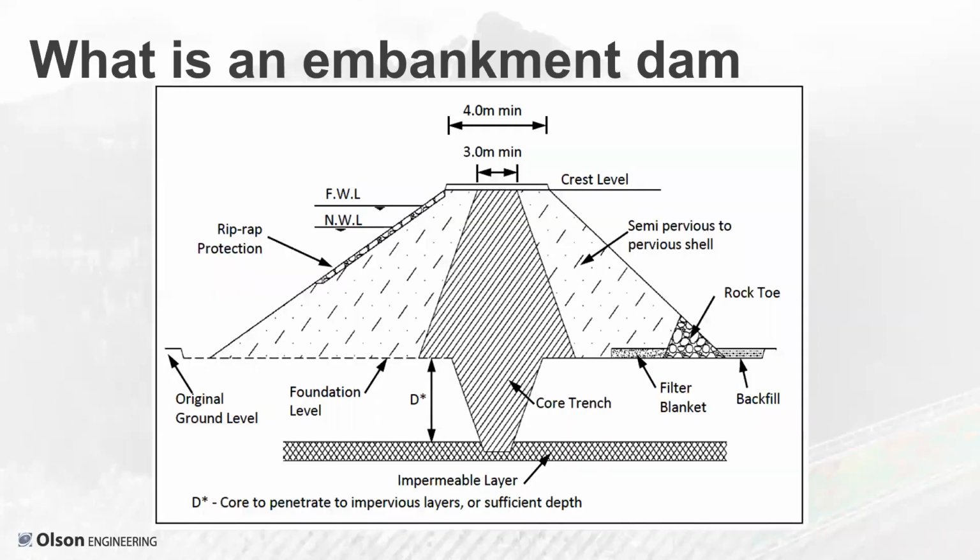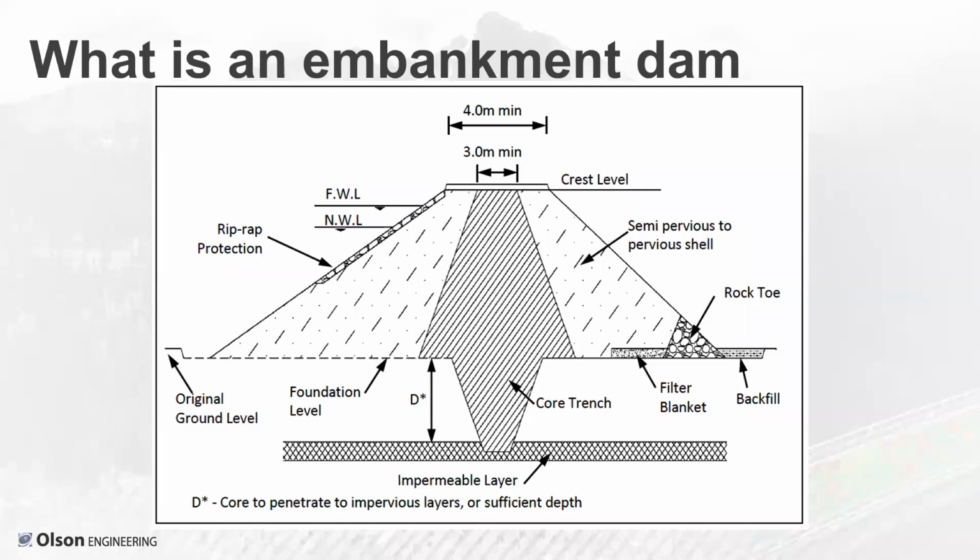So here's a cartoon sketch of an embankment dam as it is generally designed. It's generally somewhere around a 1-on-3 slope on the sides. We can see that we generally would excavate down to rock. If we were building one from scratch, we would fill in the core area of the dam with clay.